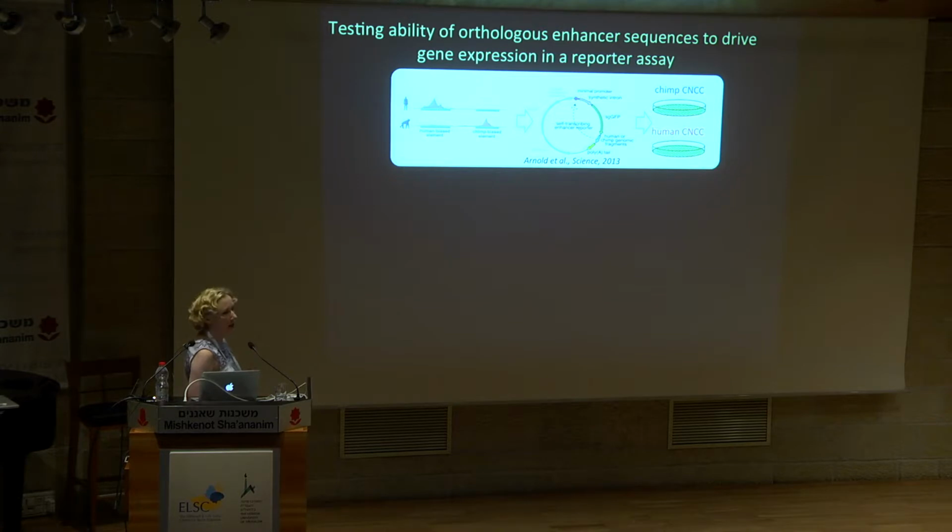So then we devised a synthetic enhancer library that contained a number of elements that were either human-biased, chimp-biased, or invariant in our assay. And we included both human and chimp orthologous sequences, and then cloned this whole library into the vector and tested it in the context of either chimp or human cranial crest cells.